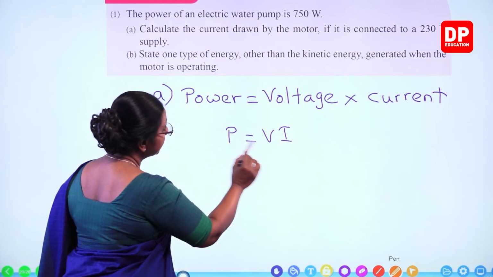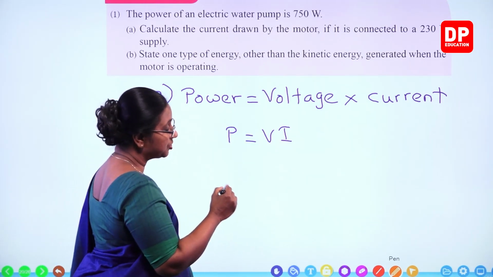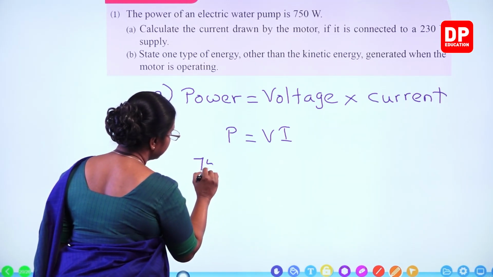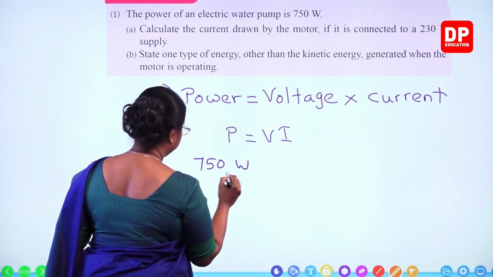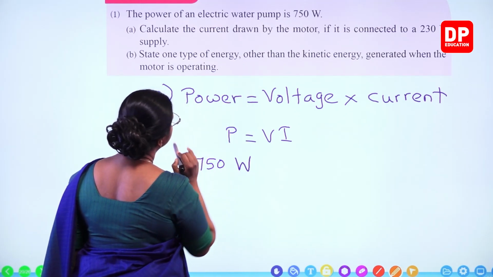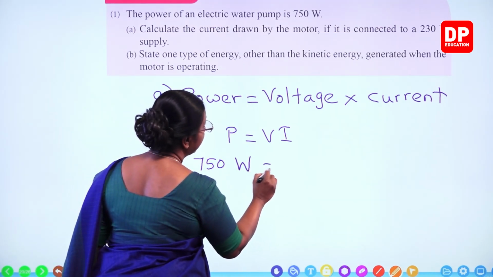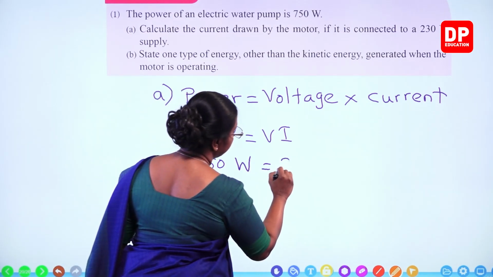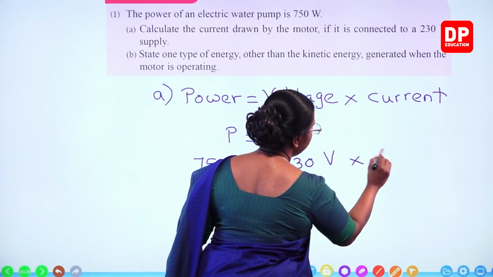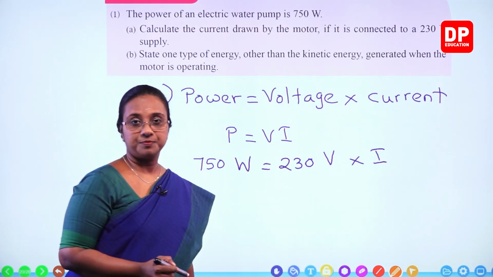So, you can first substitute and rearrange, or rearrange and substitute. I will substitute first. 750 watts of power is consumed by the electric water pump and the potential difference across it is 230 volts. We need to find the current.